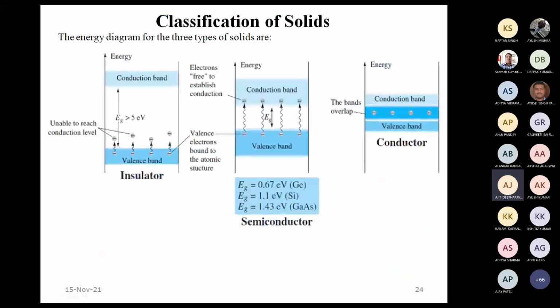Already we have discussed this many times. This is just showing the energy band diagram of the insulator, semiconductor and conductor. The thing to note here is that we have a very big energy band gap in the insulator, a very small energy band gap in the semiconductor, and in the conductor there is no clear-cut distinction between the conduction band and valence band; they actually overlap.